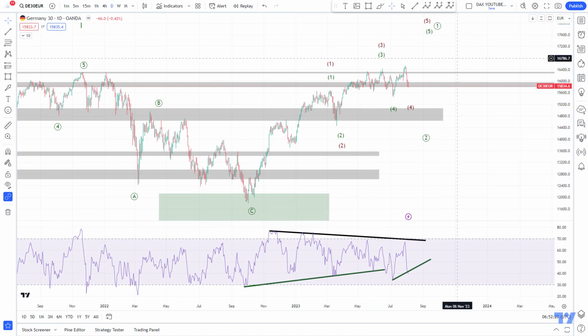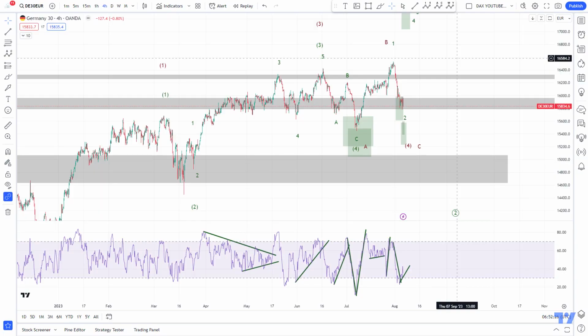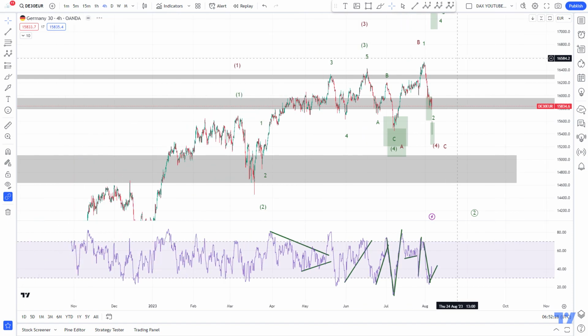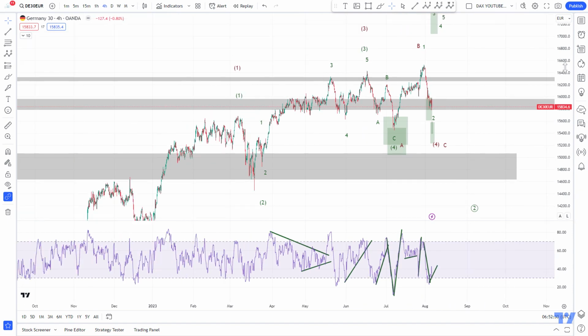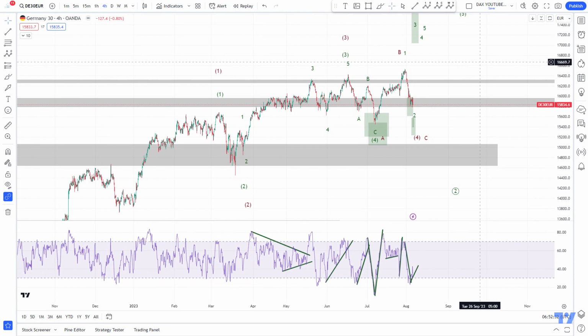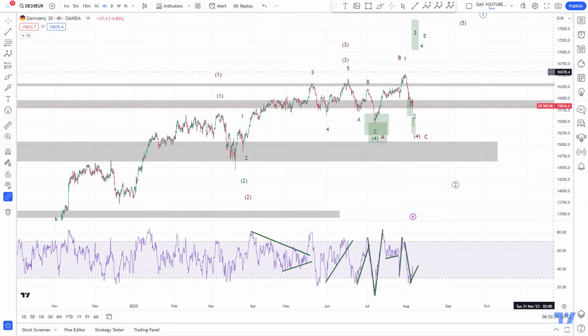So now let's have a look at the 4 hour. So here we are at the 4 hour chart. And here we again see the two scenarios. So the primary one, the bullish, and the secondary one, the more bearish one, are indicated here.